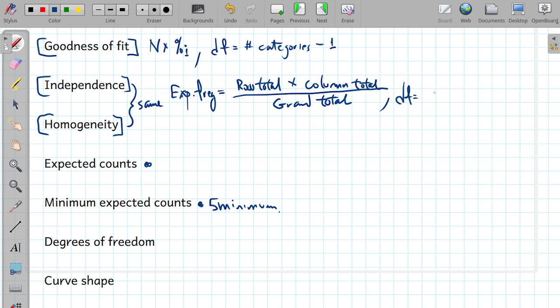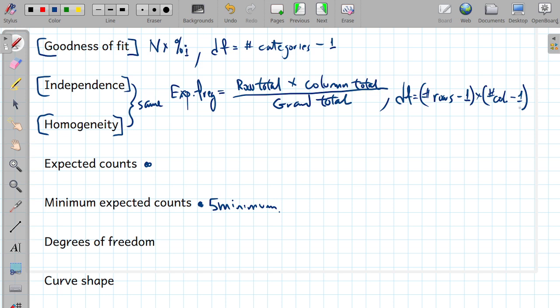So degrees of freedom here will be the number of rows minus 1 times the number of columns minus 1. And you'll see that. Of course, we're going to do a couple of examples of these, so you'll get to see how this works out.